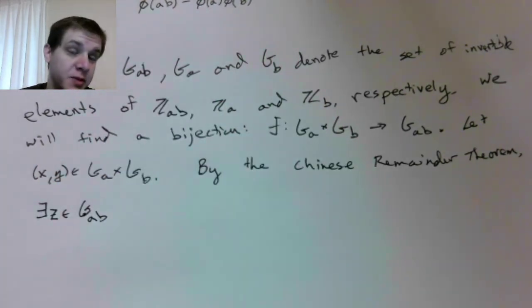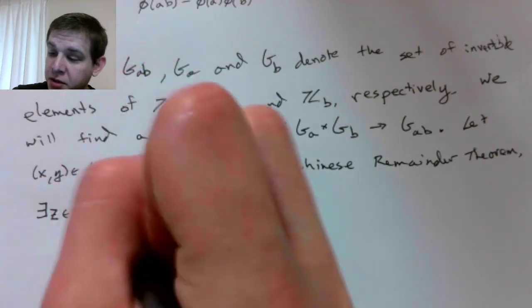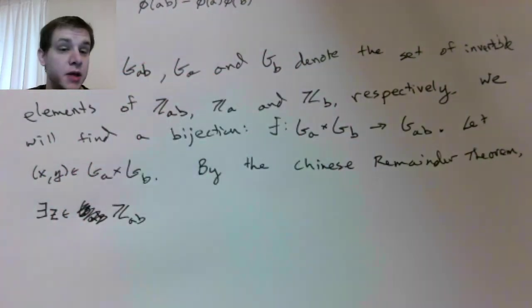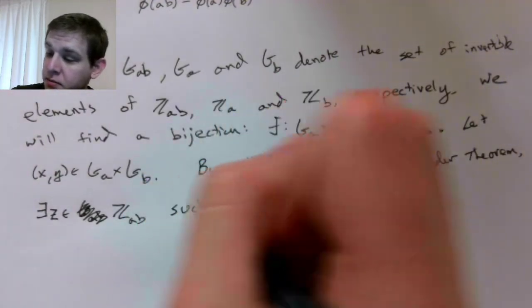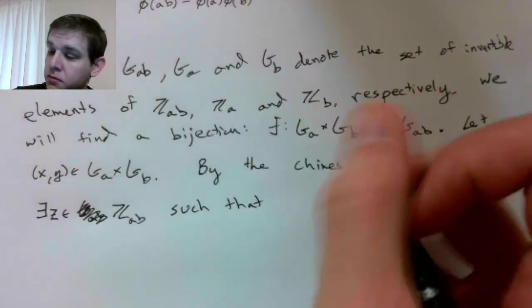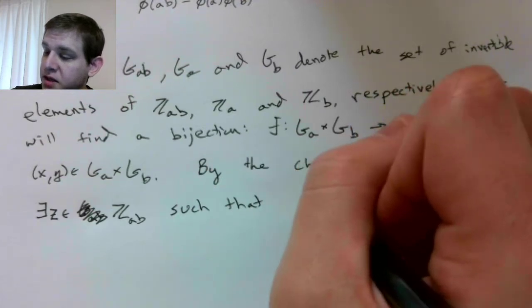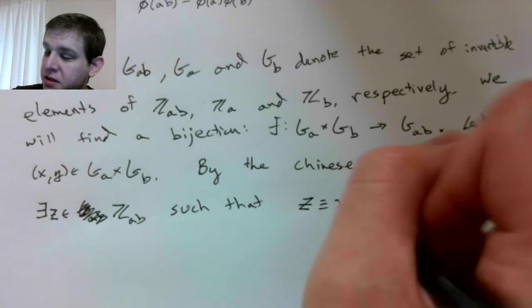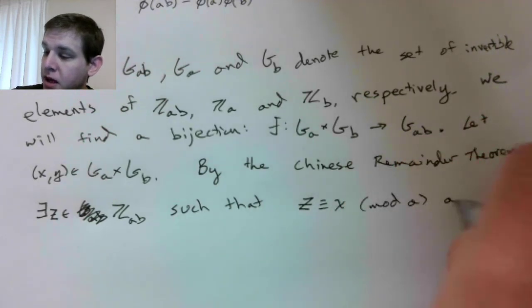So it represents something in, well, actually I don't know it's in G sub AB yet. I only know it's in Z_AB, such that z is congruent to x mod A, and z is congruent to y mod B.